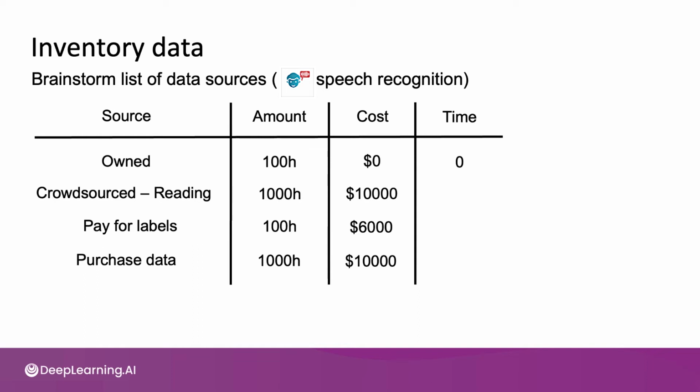For crowdsourced reading, you may need to implement a bunch of software, find the right crowdsourcing platform, carry out software integration, so you might estimate that that's 2 weeks of engineering work. Paying for data to be labeled is simpler, but still is work to organize and manage, whereas purchasing data, maybe there's a purchase order process that may be much quicker.